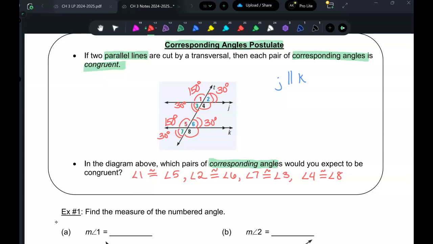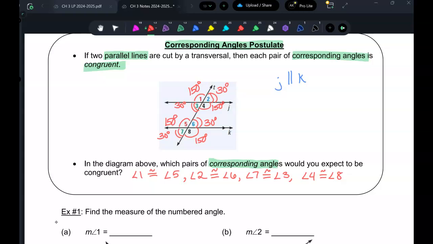These would be corresponding. And also, linear pairs make 180 degrees. What else do we know? 1 and 4 are vertical angles. What do we know about vertical angles? They're the same. So if I know one angle measure, I can find out all the other angle measures.